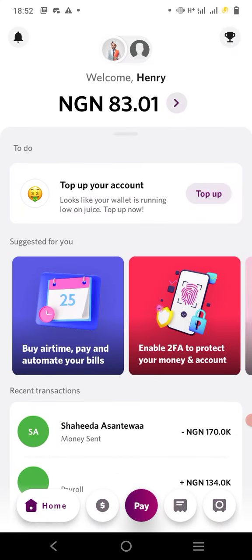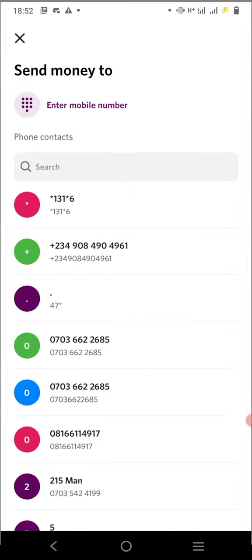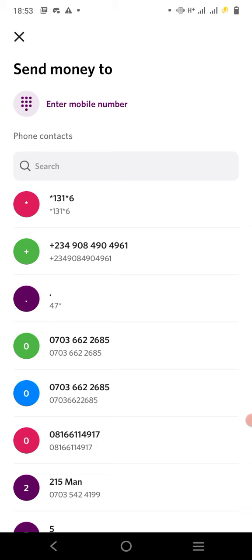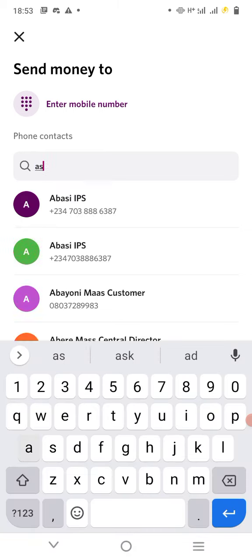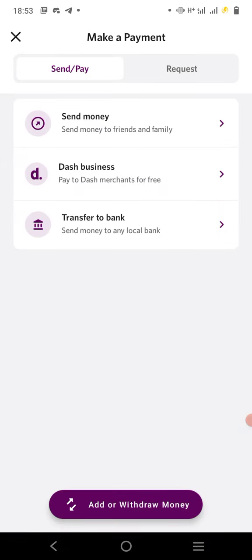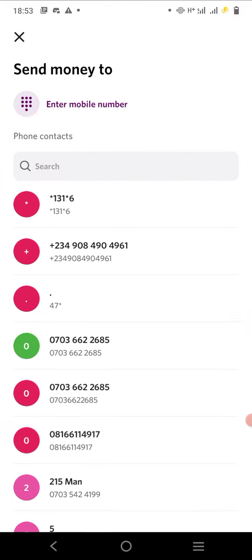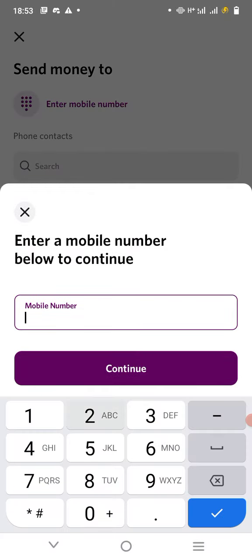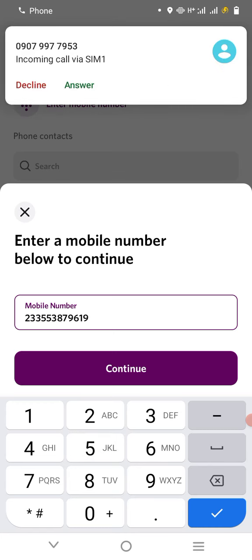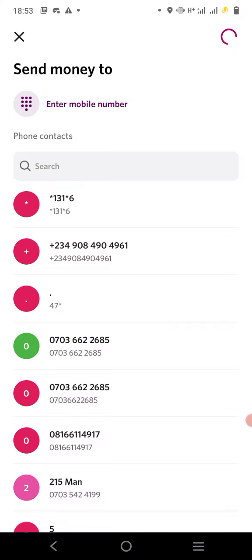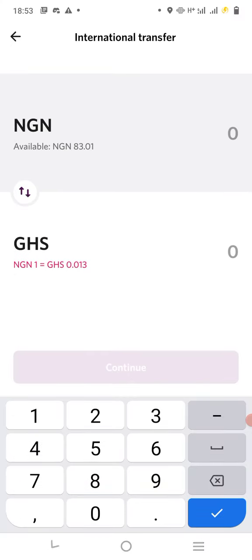So if I'm to send money to a Ghanaian, take note that I'm putting 233 for me to get the Ghanaian number.